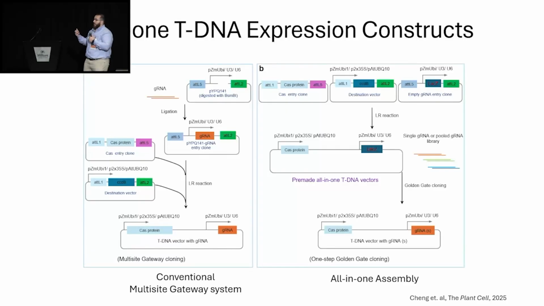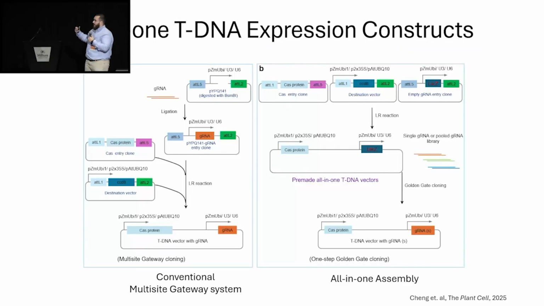If you compare it to our conventional Gateway system, there are several steps in that, from annealing the oligos, inserting them into guide RNA entry clones, and then going through Golden Gate, and then also going through Gateway. The idea of this is just to make it much more simple for the community, and that you start with a backbone that's pre-assembled. It already has the CRISPR machinery in it. It has your promoter and selection marker of interest, and all you have to do is insert your guide RNA.